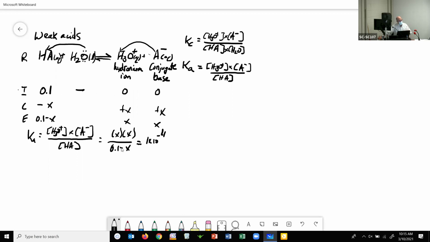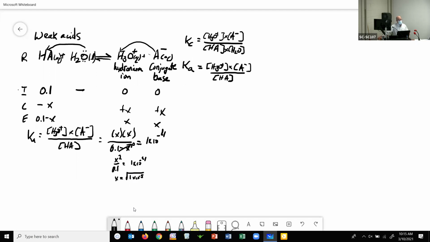If that K value is small and you're not going to get a lot of product, that means addition and subtraction terms are insignificant. What that means is I can treat this subtraction term pretty much like 0. That becomes a lot easier. I get x squared over 0.1 equals 1 times 10 to the negative 4th. x equals the square root of 1 times 10 to the negative 4th.